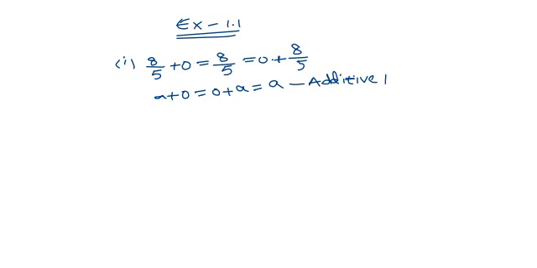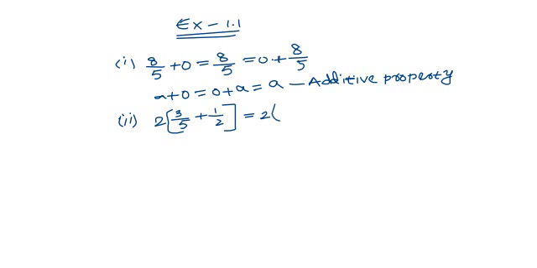Now we'll go for the second one. 2 of 3 by 5 plus 1 by 2 is equal to 2 of 3 by 5 plus 2 of 1 by 2.